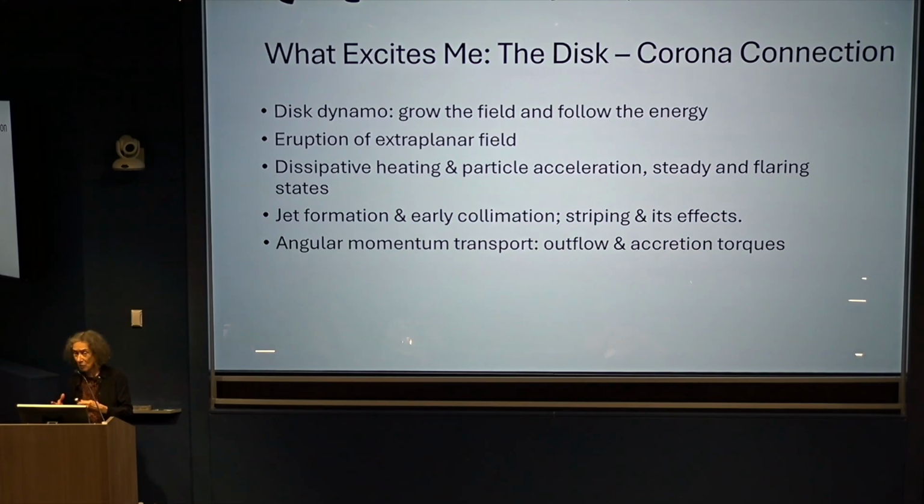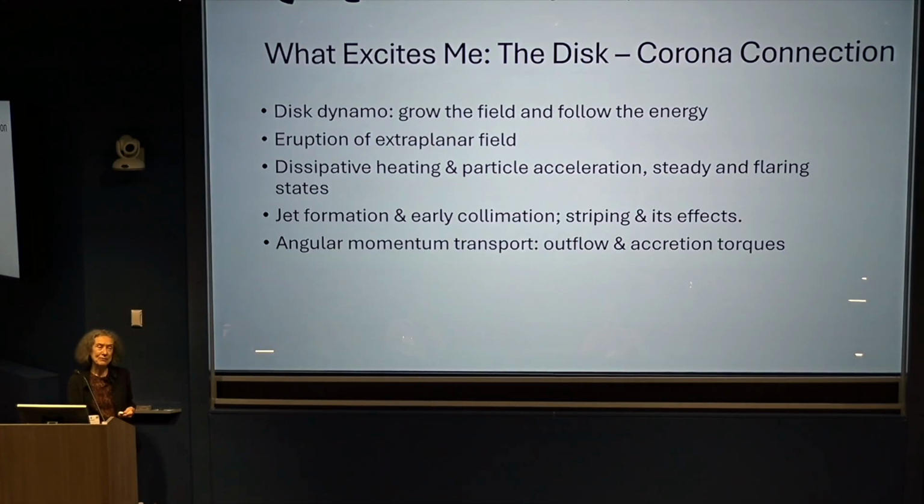How is it apportioned between the electrons and the ions? It's only through doing something like this that we can really track the development of a corona and any non-thermal particle population that's induced. And this will have implications for whether we form a striped jet or one which is axisymmetric and smooth. It'll have implications for angular momentum transport.